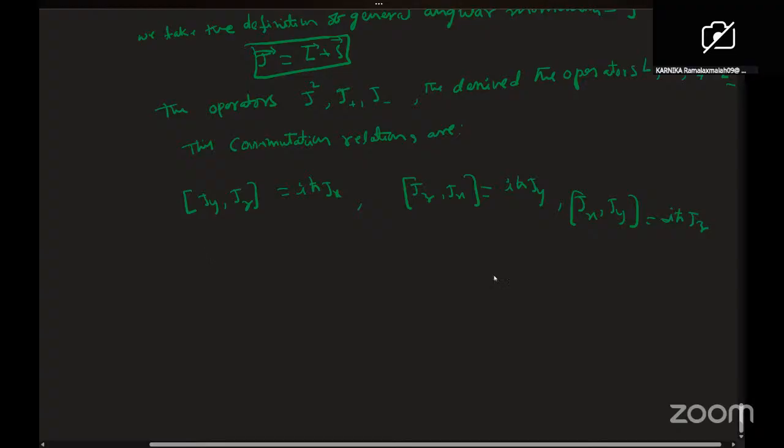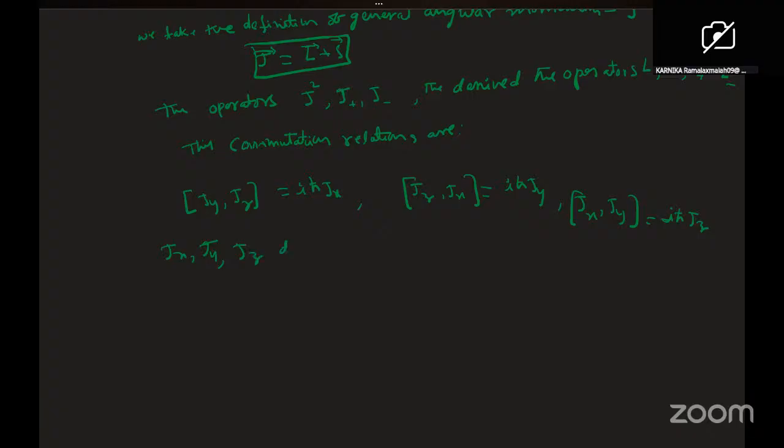So here jx, jy, jz do not mutually commute.